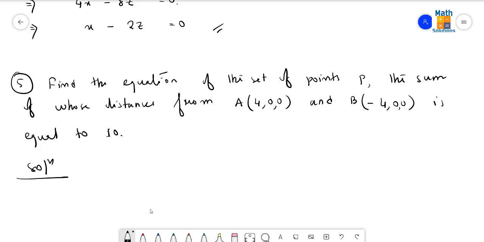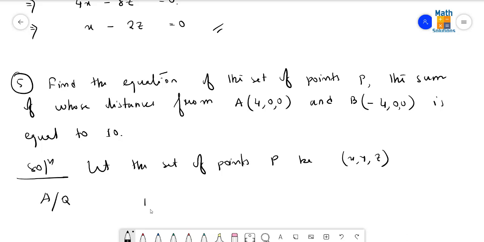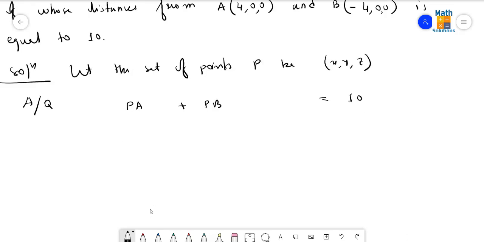So let the set of points capital P be x comma y comma z, because that is not known to us. According to the question, what is given? PA plus PB equals to 10. It is already given in the question. So of course we have to take help of the distance formula for constructing PA and PB.